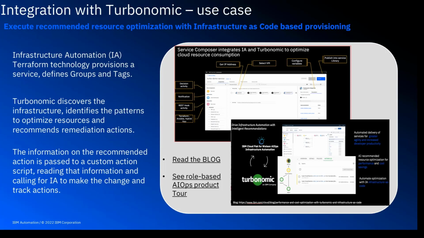You can use IA independently of Turbonomic and Turbonomic independently of IA, but when you do use them together, then you get a seamless flow between them. And this is all integration that works kind of out of the box, right? So changes made in Turbonomic are carried out by IA, and the system is consistently maintained.